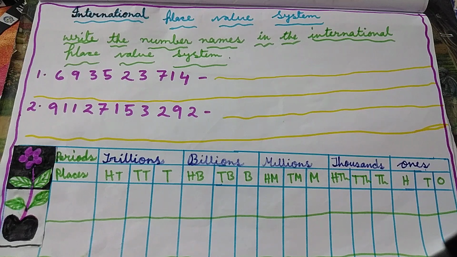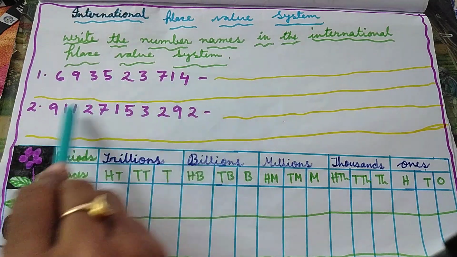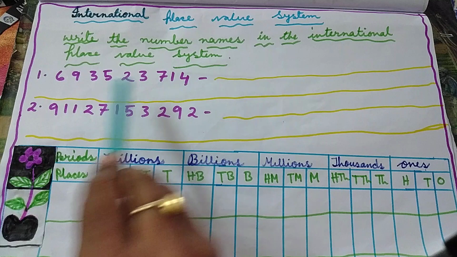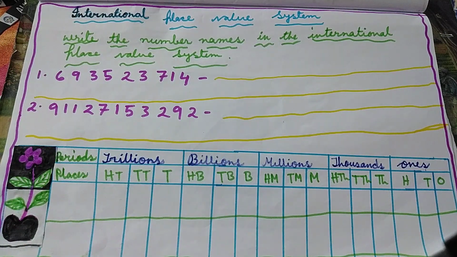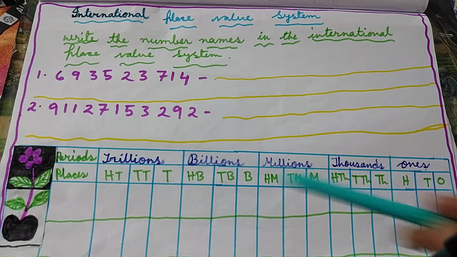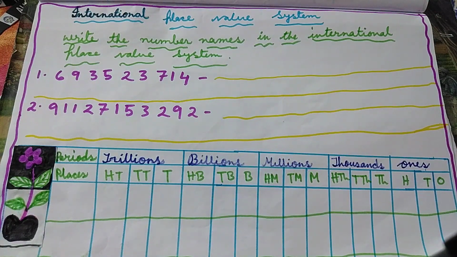See children, two examples are there. Means two numbers are there. We have to write these numbers in words by the International Place Value chart.